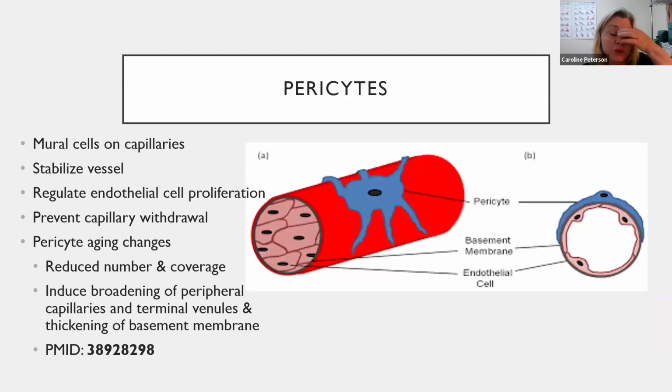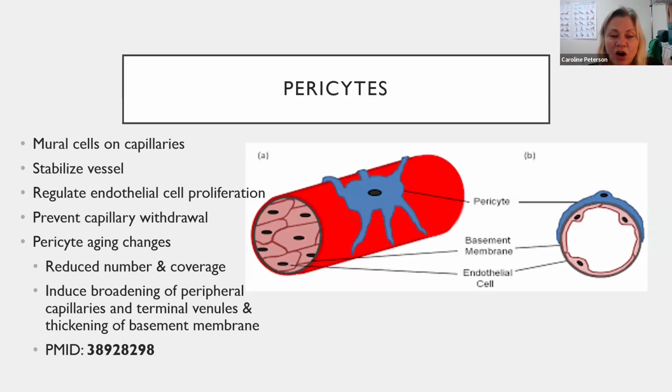And so I want to go into pericytes a little bit because they're pretty awesome and cool. That's a pericyte on the outside of the capillary, or the little blood vessels, and they help to stabilize. They regulate endothelial cell proliferation and prevent capillary withdrawal.